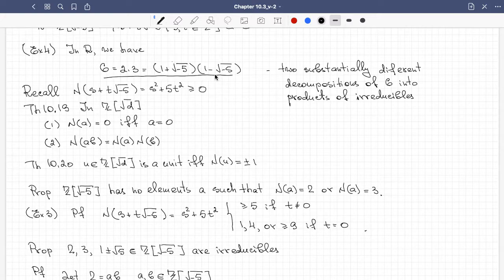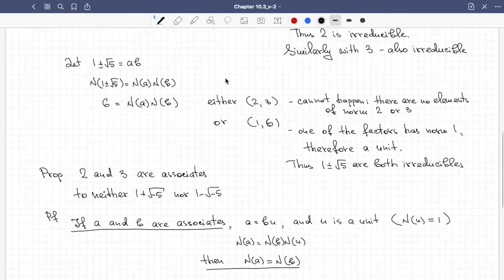All different. This way, we got a definite failure of the fundamental theorem of arithmetic with two substantially different decompositions, not up to units, not permutations, nothing helps. These two decompositions are different.